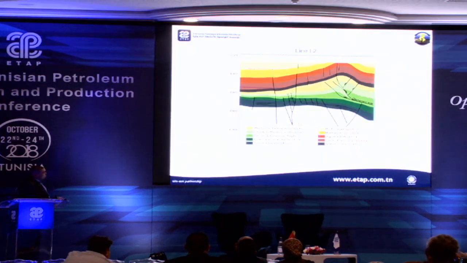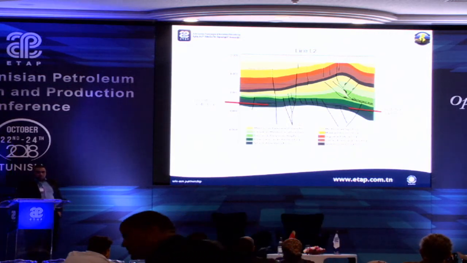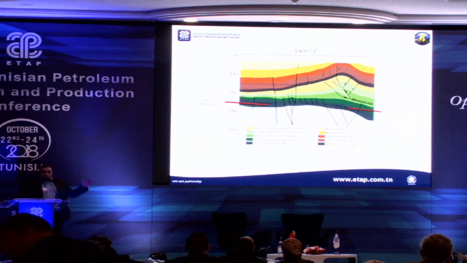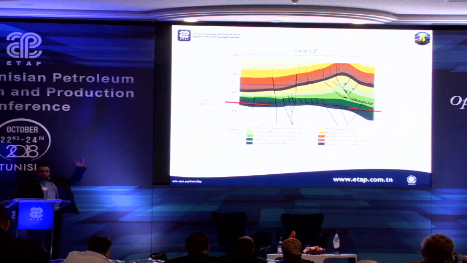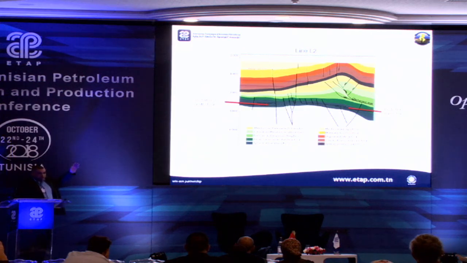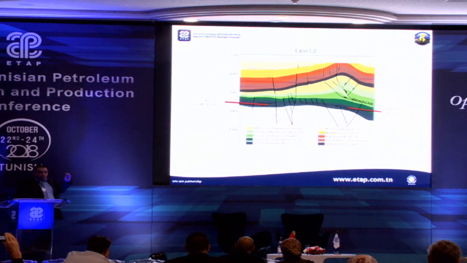And here, one more time, I can talk about probable reefs and shoals. I know that there are reefs and shoals in outcrops not so far from this area. Okay, and they might represent very nice stratigraphic traps which are potential for exploration.